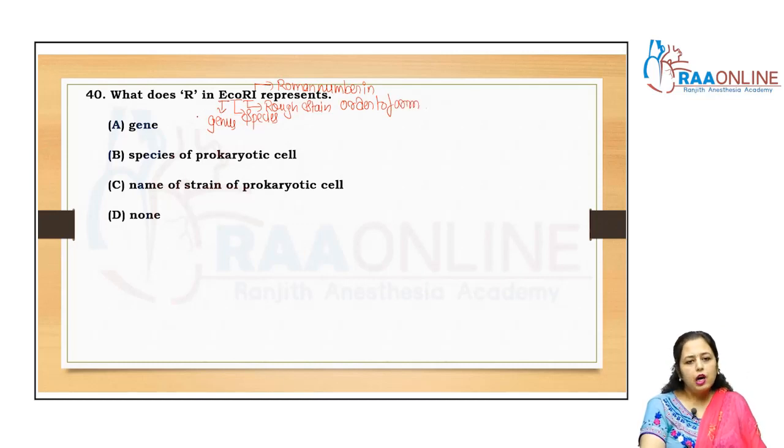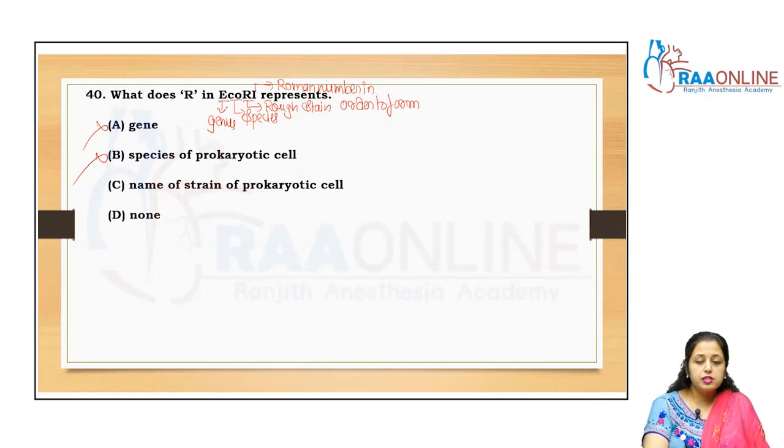Clear? So R is the gene? The species of the prokaryotic cell? No, the species is coli. It is the name of the strain of the prokaryotic cell, exactly. So the answer is C.